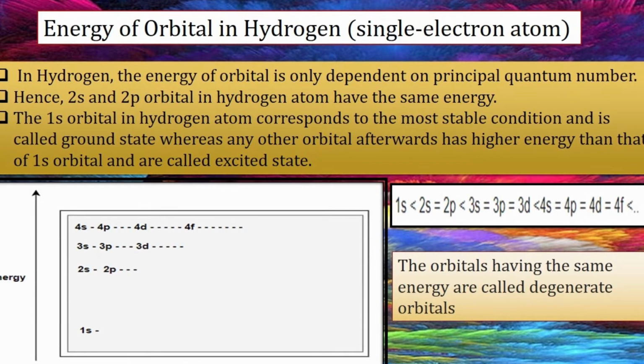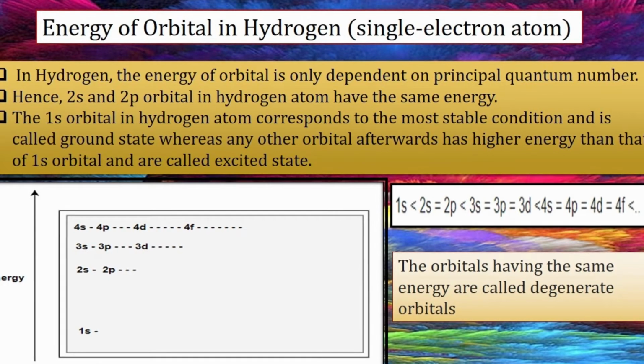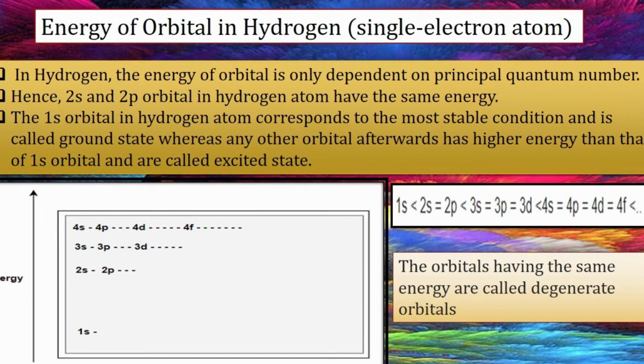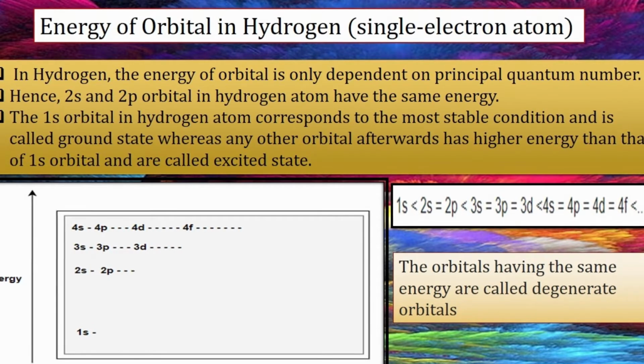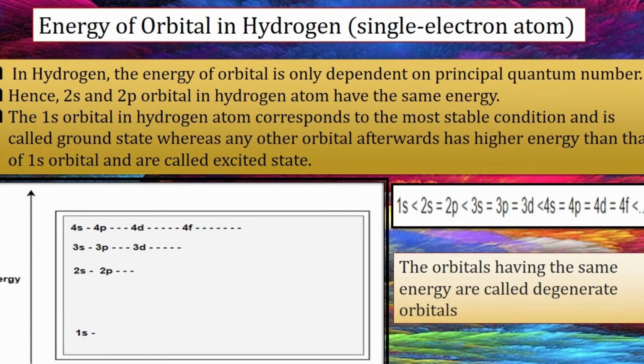The electron in the 1s orbital in a hydrogen atom corresponds to the most stable state and is called the ground state. An electron in the 2s, 2p or higher orbital in a hydrogen atom is called the excited state.